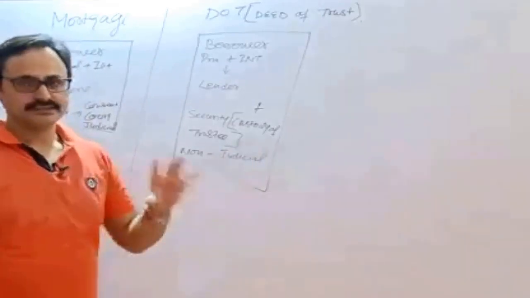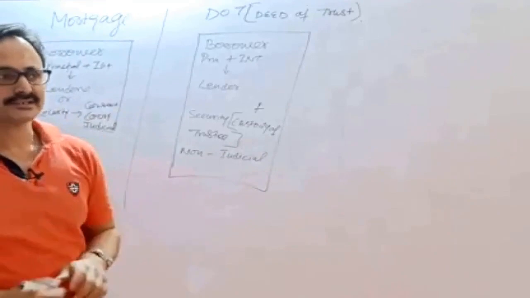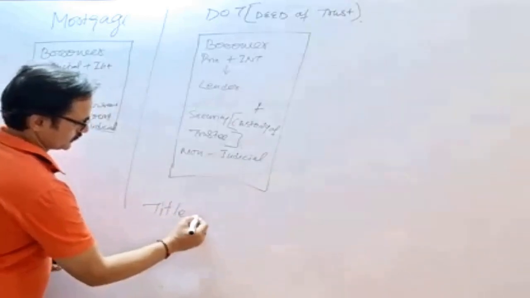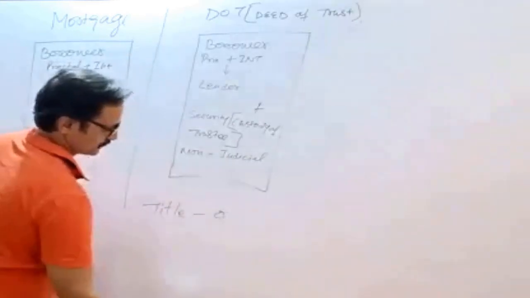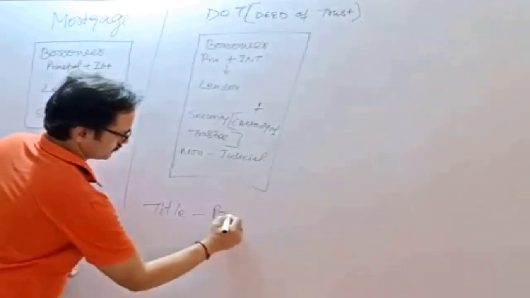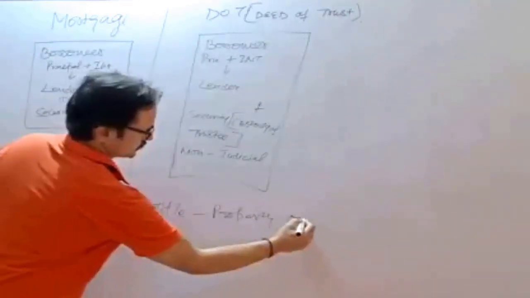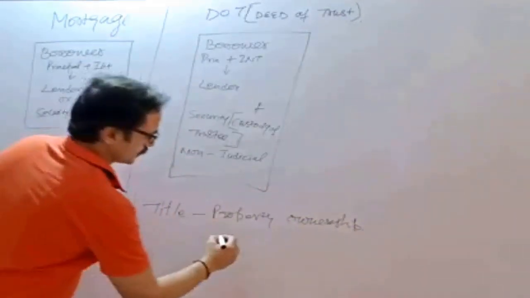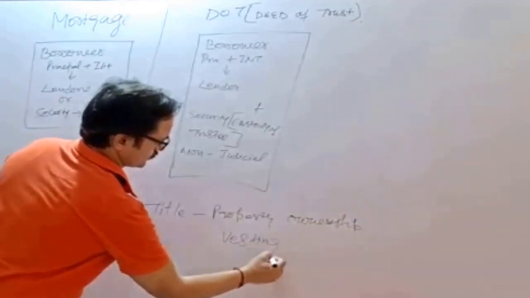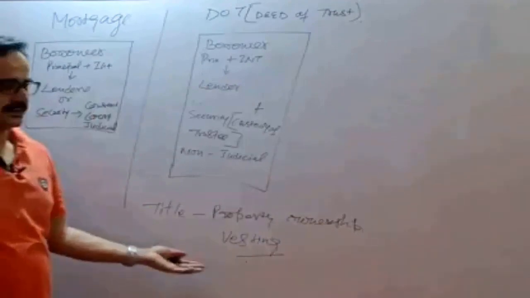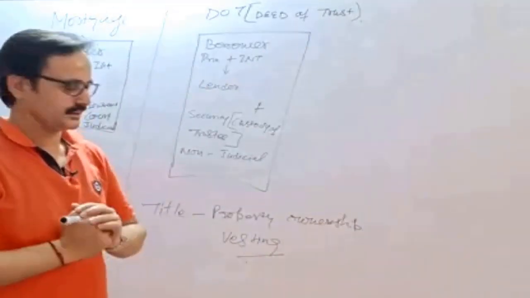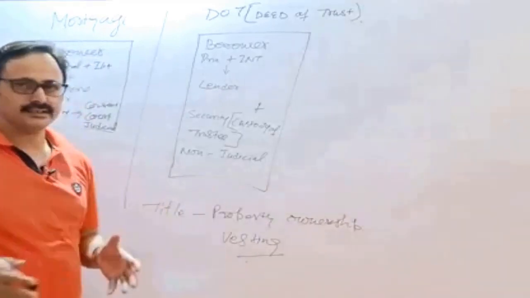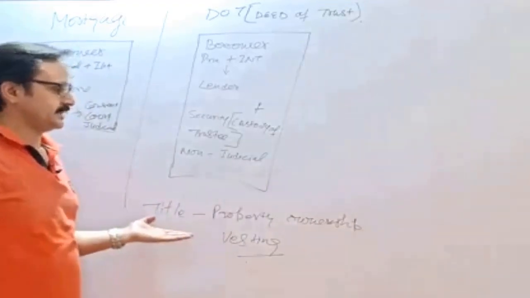In the US, that document is called title, which shows the property ownership. Whenever we see property ownership, that is called vesting. Who is the vestee? Whose name is written in the vesting? I mean, who is the property owner on the title? Like in India, on the registry, in the similar way, there is a title.